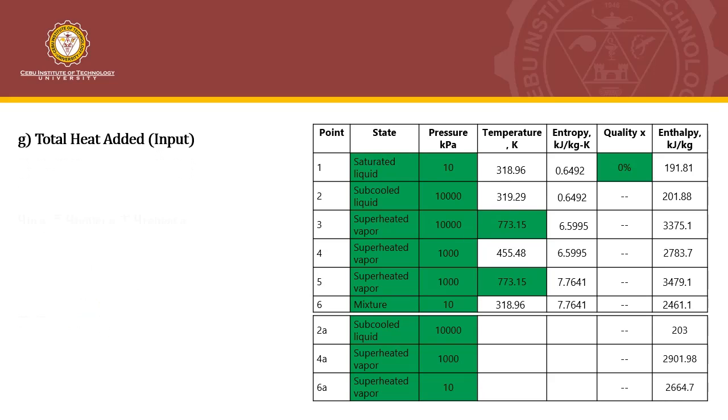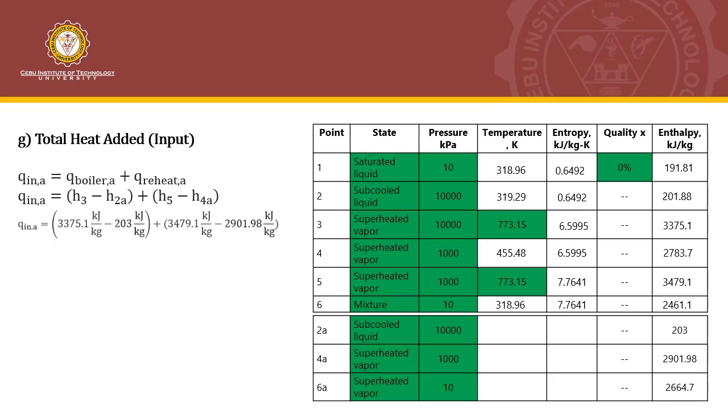For the total heat input, that is the summation of the heats in the boiler and the reheater. But this time we will obtain the actual value. Substituting those values, we get the total heat input, and that is 3749.22 kilojoules per kilogram.